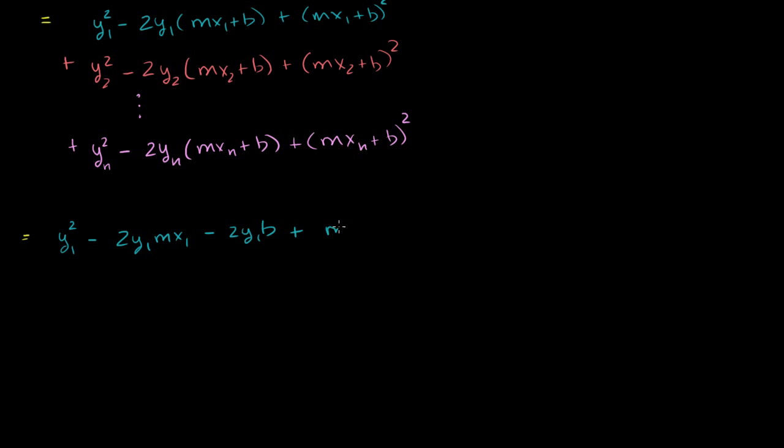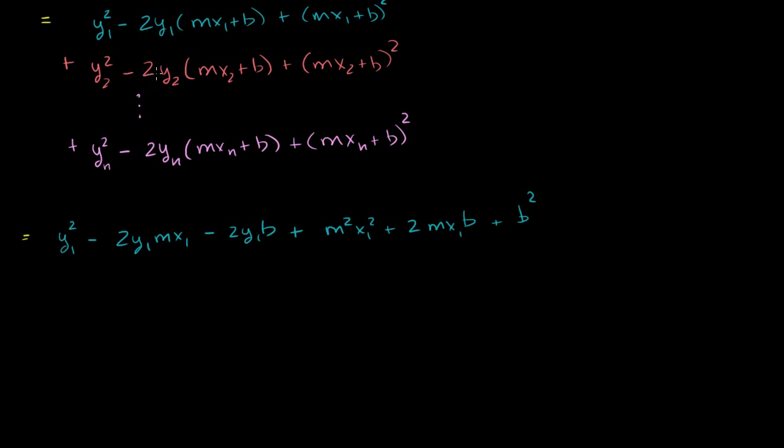That's going to be m squared x1 squared plus 2 times mx1 times b plus b squared. If this was (a plus b) squared, this is a squared plus 2ab plus b squared.